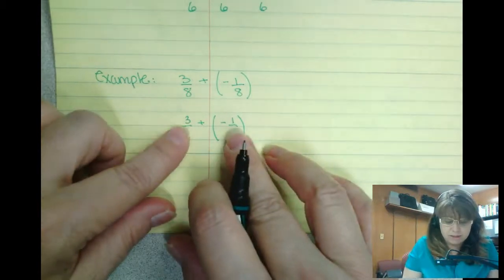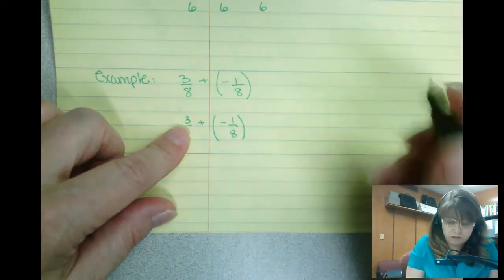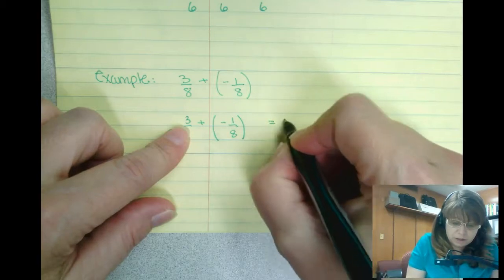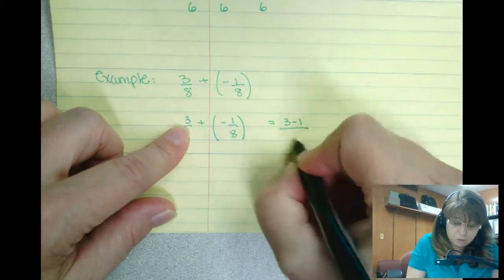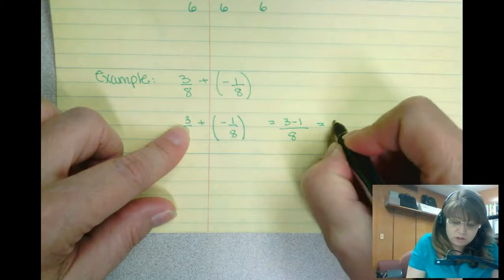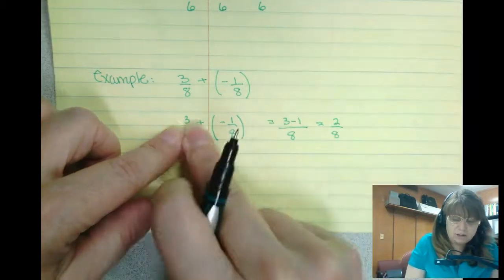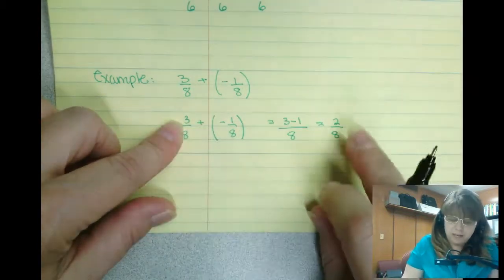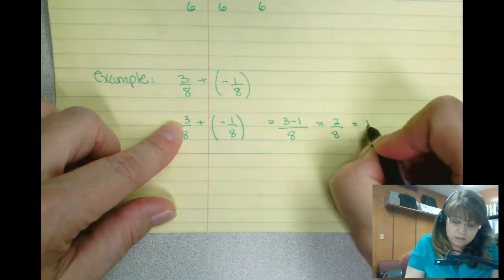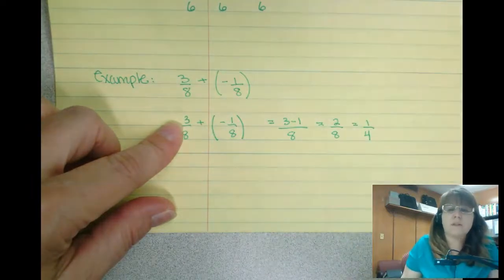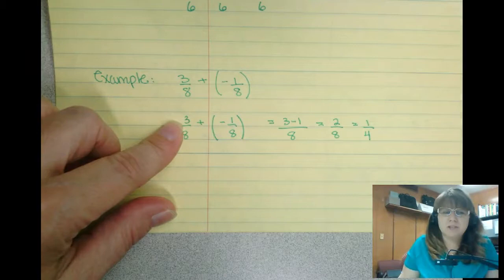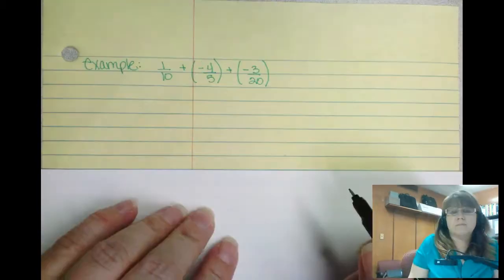So now I'm just going to take the difference and give the sign of the larger. So it equals 3 minus 1 over 8, which is 2 over 8. So the larger sign is the positive. And now I can reduce down to 1/4.